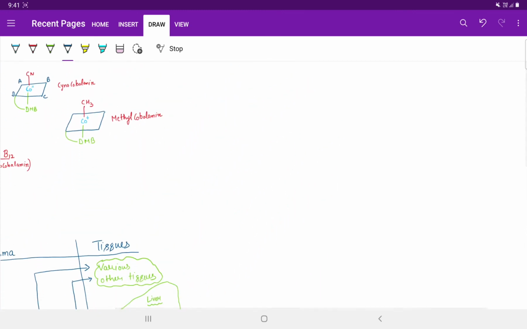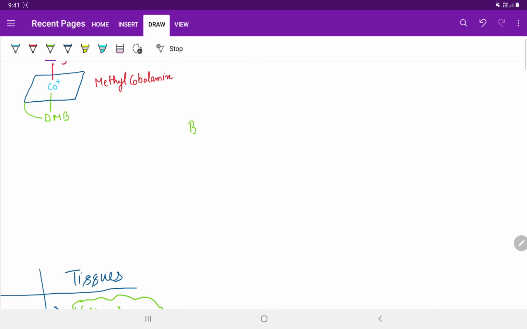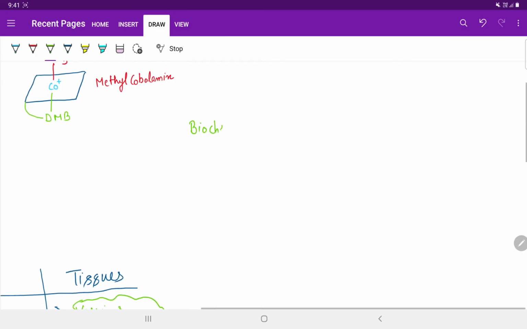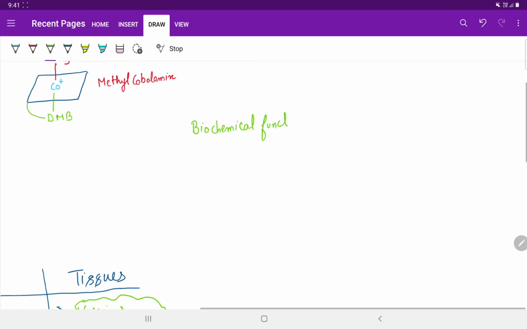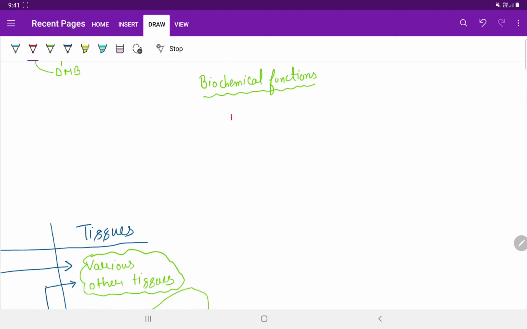So now let us start with the biochemical functions. So students, its biochemical functions are, the first one is conversion of homocysteine to methionine.